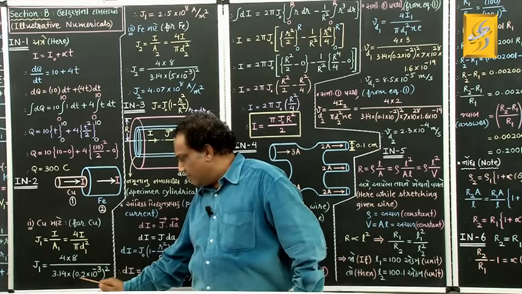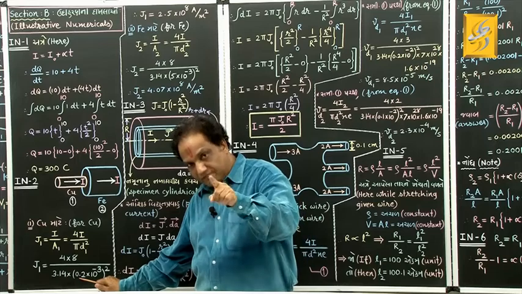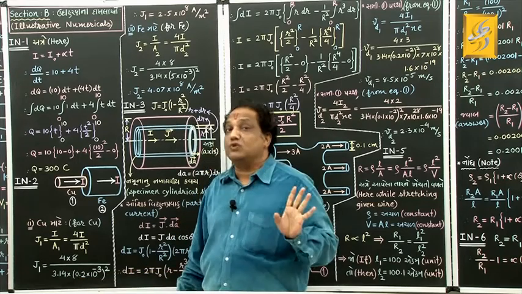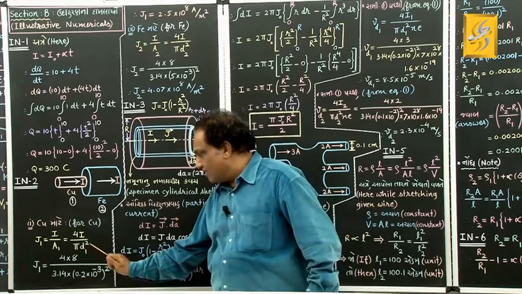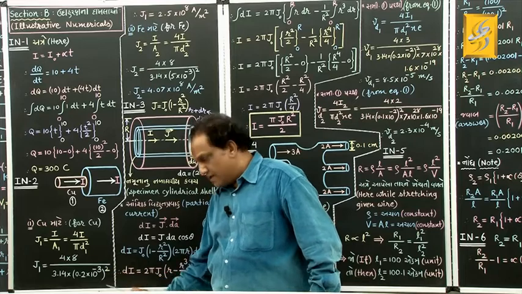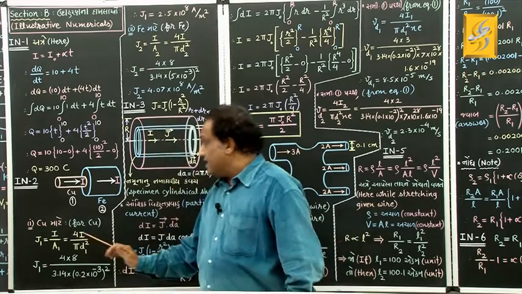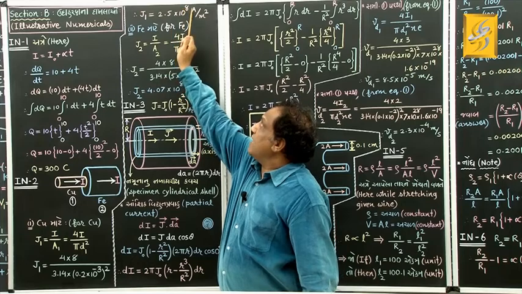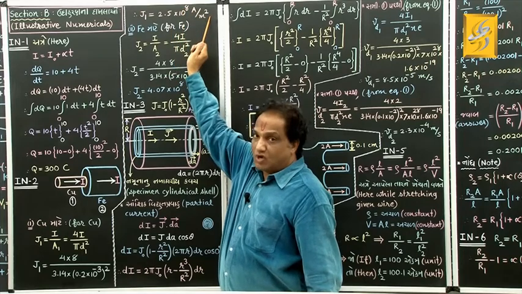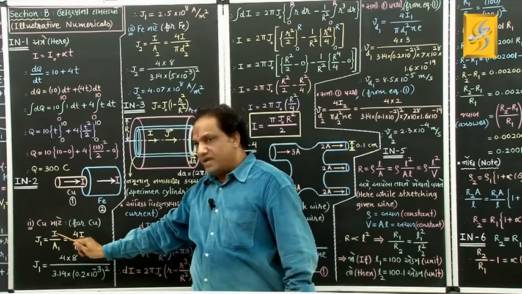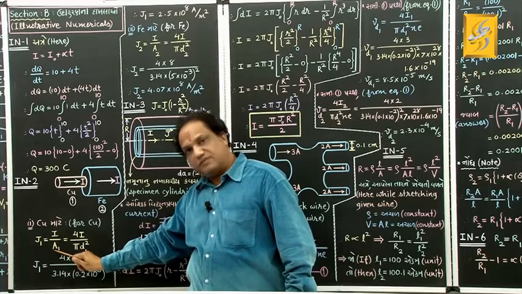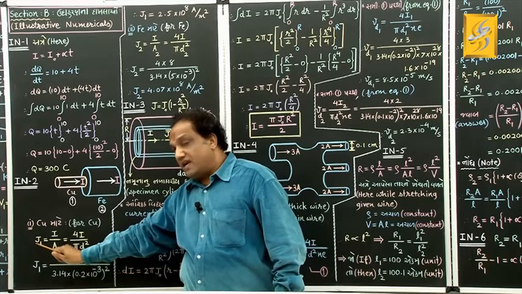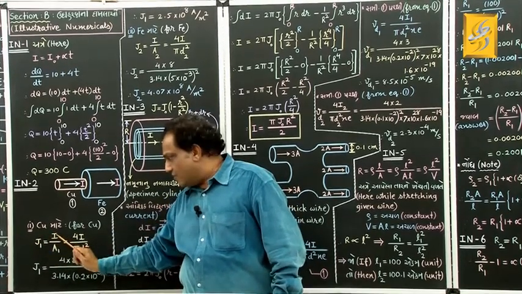They have given 0.2 millimeter, converted into meter, multiplied by 10 raised to -3, and then don't forget to make it squared. Okay. Simplify, answer is 2.5 into 10 raised to 8, that many ampere upon meter square, because SI unit of current would be ampere, for cross section area it is meter square. So SI unit of electric current density is ampere upon meter square.